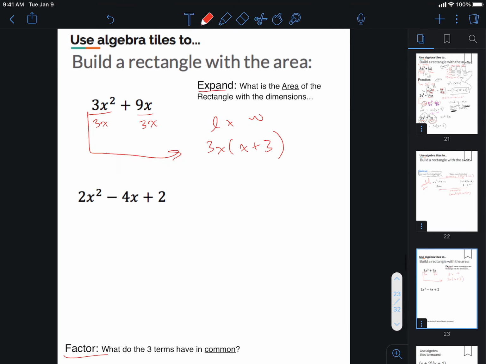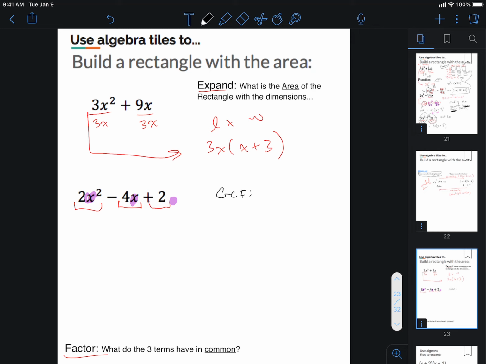The next one's a little bit more challenging because we have not 2 pieces anymore, we have 3 pieces. But the principle still applies here. I'm just trying to find something that goes into all 3 of those things this time. The catch is I see an x here, I see an x here, but I don't see an x here. Which means my greatest common factor, if I write it out, is not going to have an x in it.